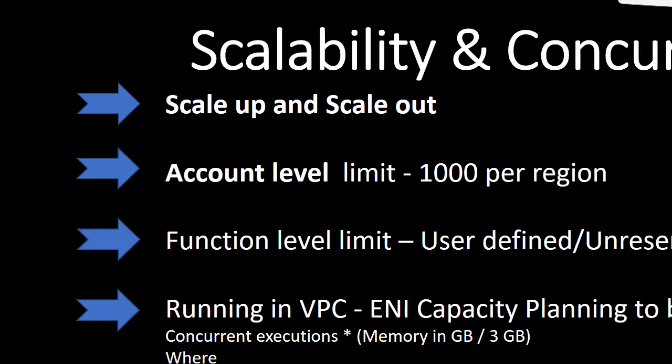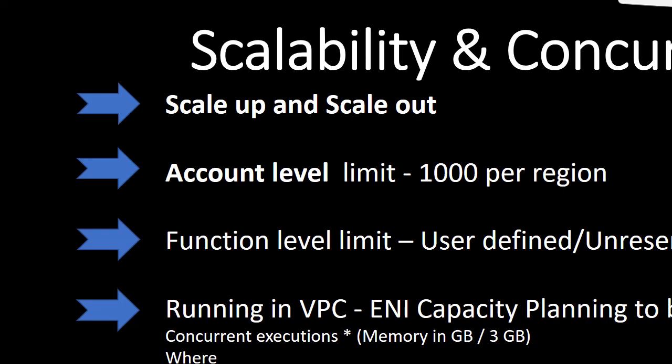Each VPC has a limit on the maximum number of IP addresses it can have. So when you are running your Lambda in a VPC, you need to calculate your ENI capacity. By default, the network interface limit for a particular region is 350.